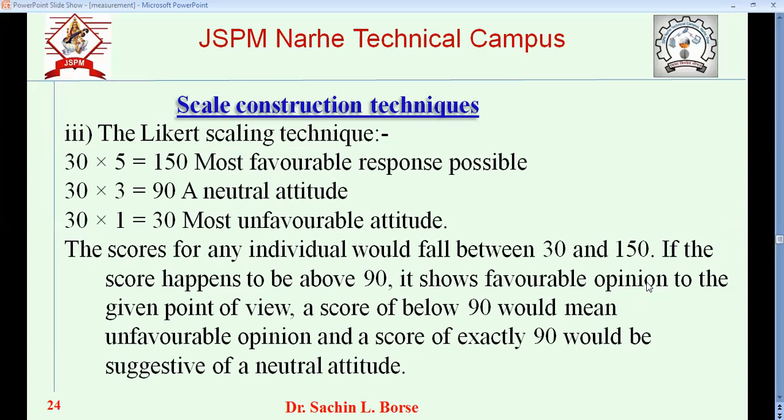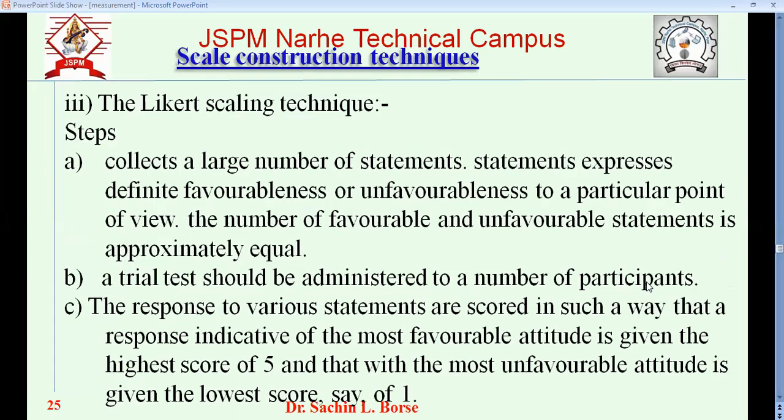We also find the neutral attitude. The middle is 3, so 3 into 30 is 90. If the marks are less than 90, it is unfavorable. If marks are more than 90, it is favorable. Like that, we work with the Likert scale. I also explained the steps in that.